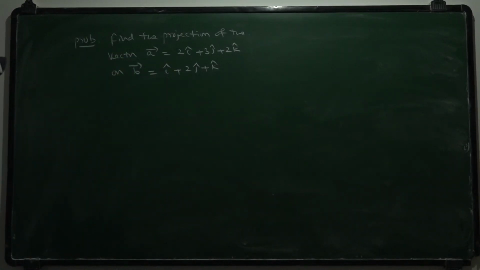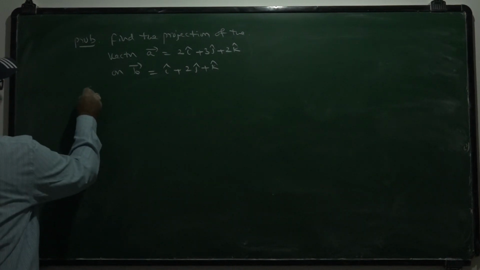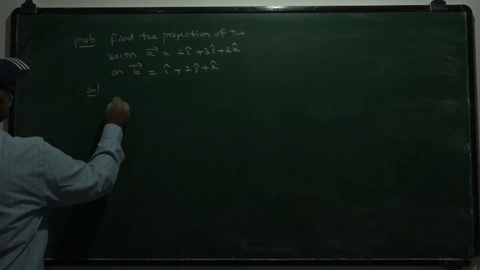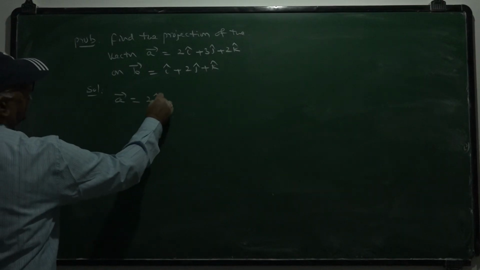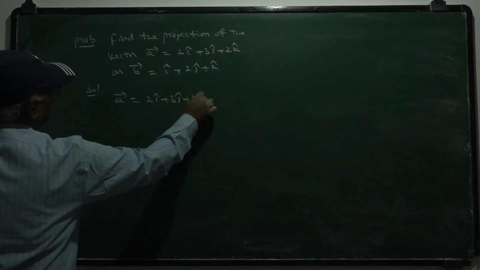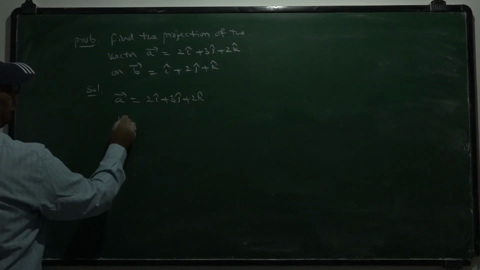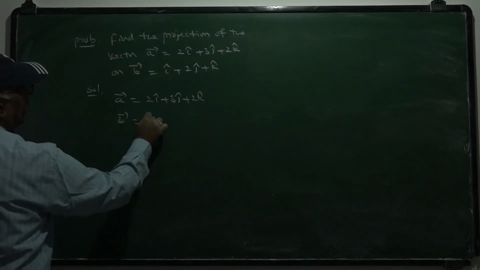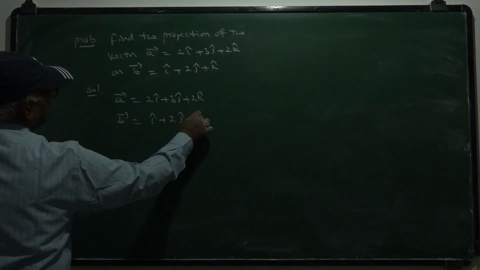The projection of one vector along another vector. A bar is given 2i plus 3j plus 2k. B bar is here i plus 2j plus k.